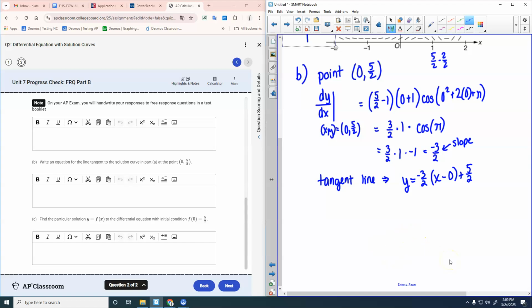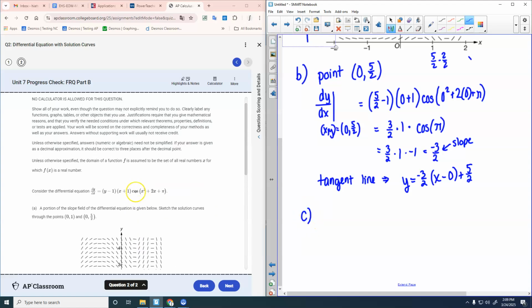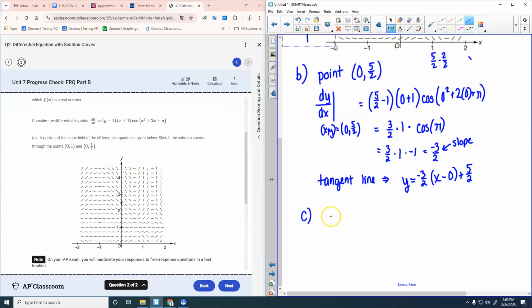This one's a scary problem to me. It's such a big differential equation.